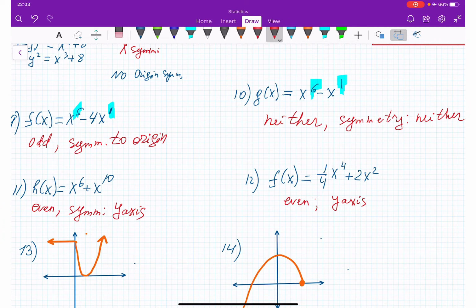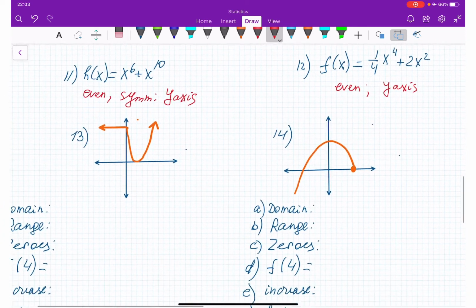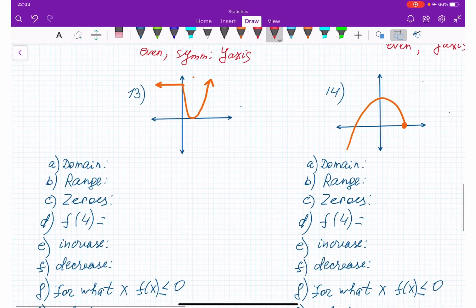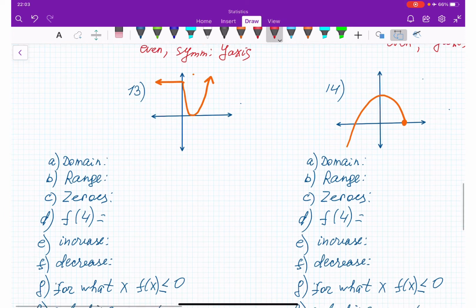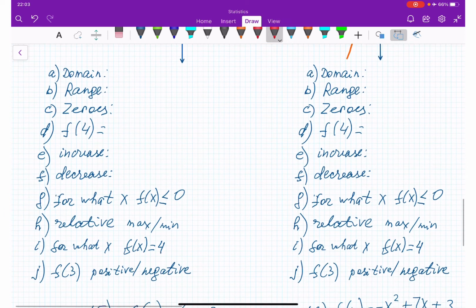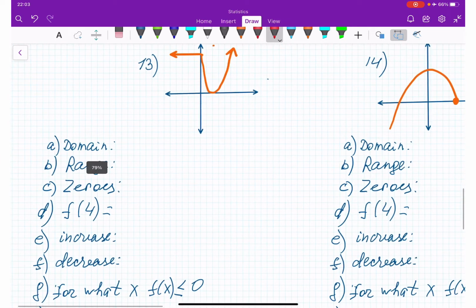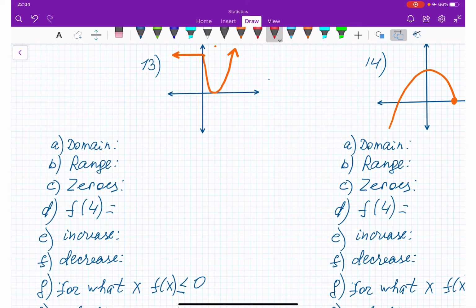Moving to question number 13. Let's see what we have. Now, we are going to answer everything we learned on a bunch of questions. Let's get going. We are going to identify the domain. Do we have here interruption of x on the graph?